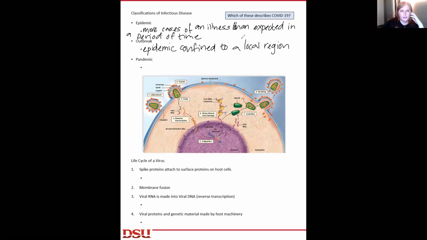That would be an outbreak. So in order to have an outbreak, you first have to have an epidemic, right? You have to have more cases than expected in a given amount of time. And then for it to become an outbreak, it's not just in St. George, it has to be on a wider scale. That could just be isolated to the state of Utah, or it could be North America.